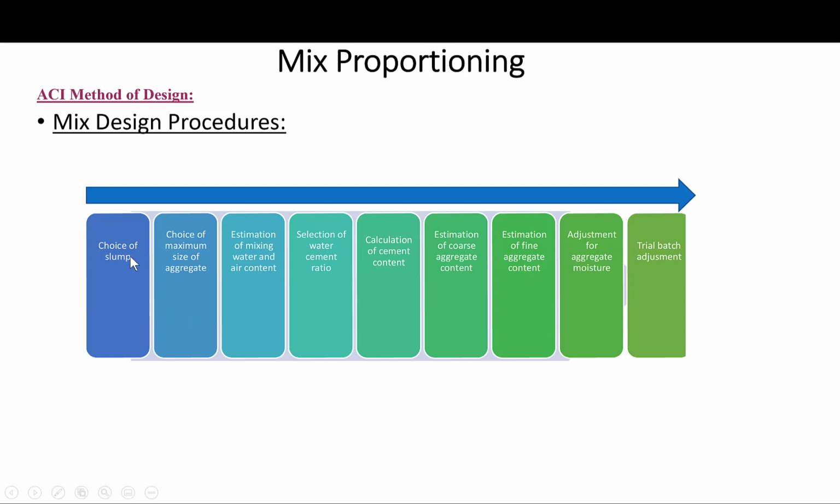As you can see here, and I will go into this in detail just after I finish this slide: the choice of a slump, maximum aggregate size, estimating the mixing water and the air content, selection of the water cement ratio, calculating the cement content, estimation of the coarse aggregate content, estimation of the fine aggregate content, then adjustment for moisture, and refer back to the aggregate lectures for that.